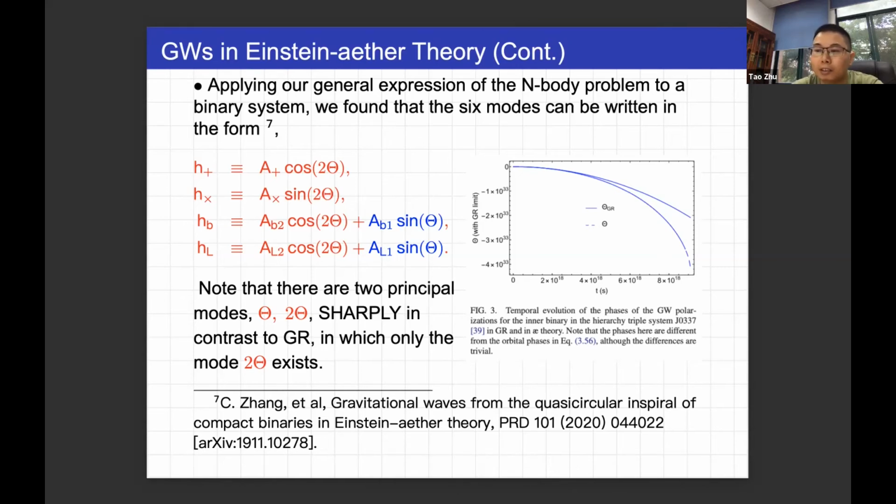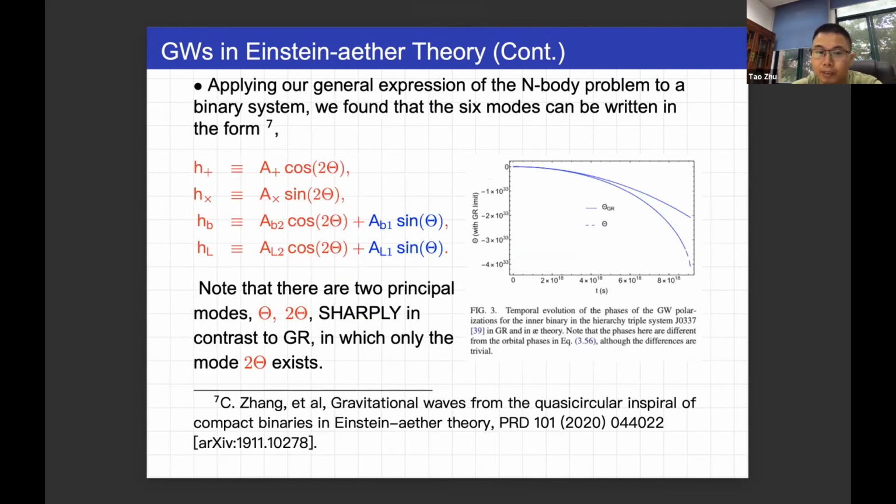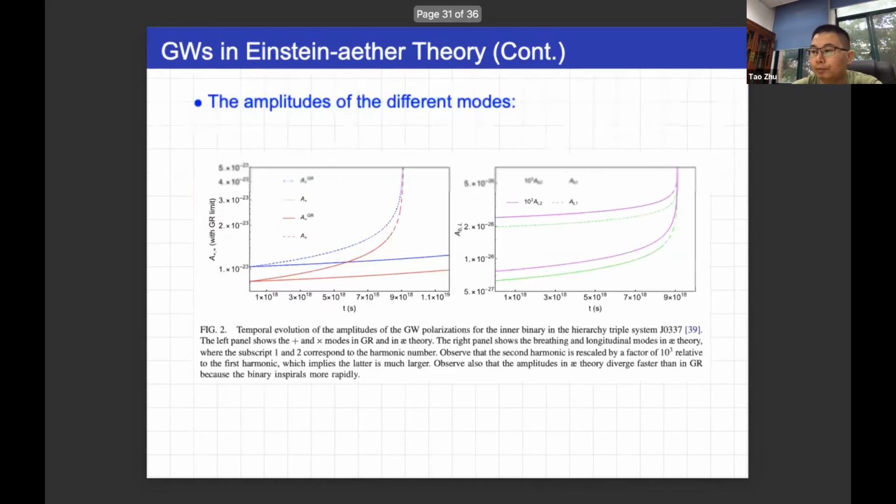We find that different polarization modes of gravitational waves can be very different from that of GR. Here we have 2 principal modes, theta and 2 times theta, which is different from GR. And as you can see, this figure shows the time evolution of the amplitudes of different polarization modes.